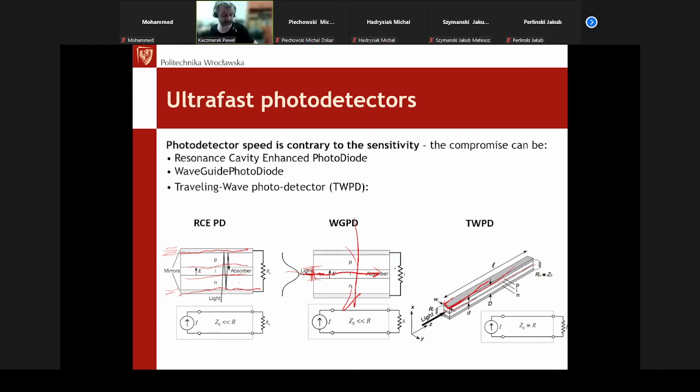For microwaves, we cannot just simply put a wire for the microwave signals. So this is why these traveling wave photodetectors are appearing. They are designed as a microwave waveguide structure for the microwave signals detected by such photodetectors.